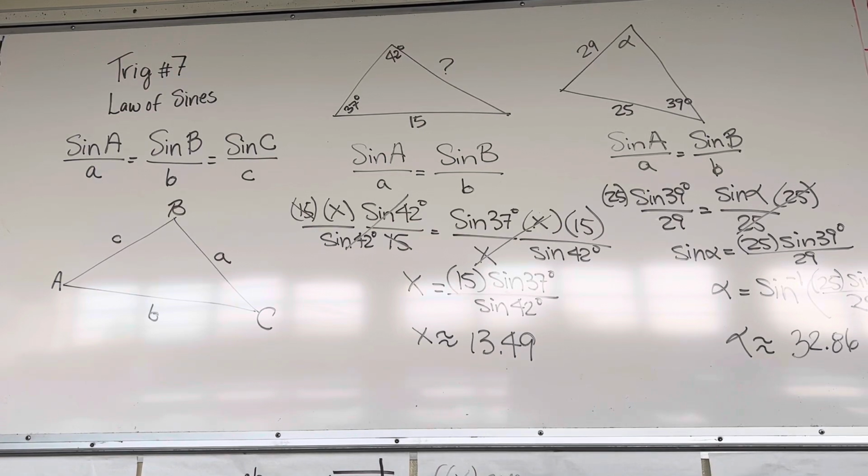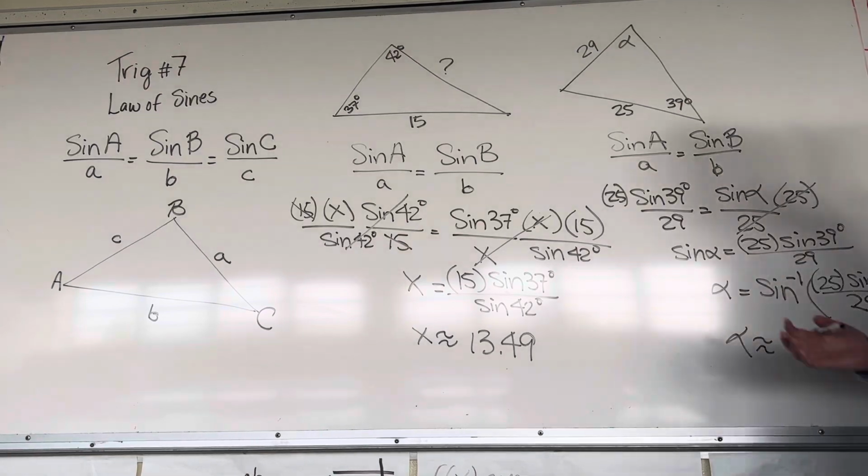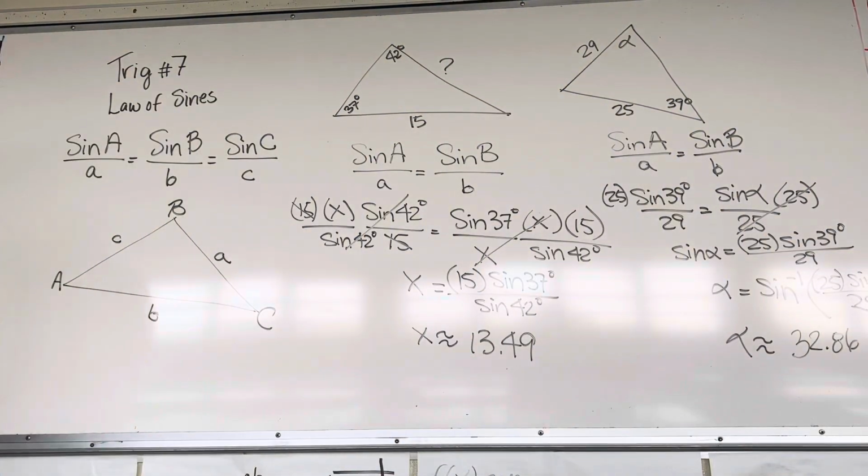So say times, now say sine 39. Now parentheses. Now divided by 29. The Android seems easier.